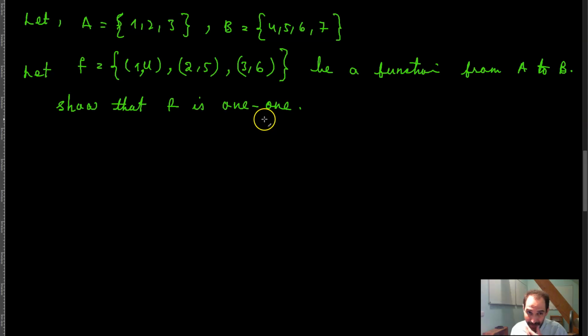So there are no two ordered pairs in f that have the same first element.